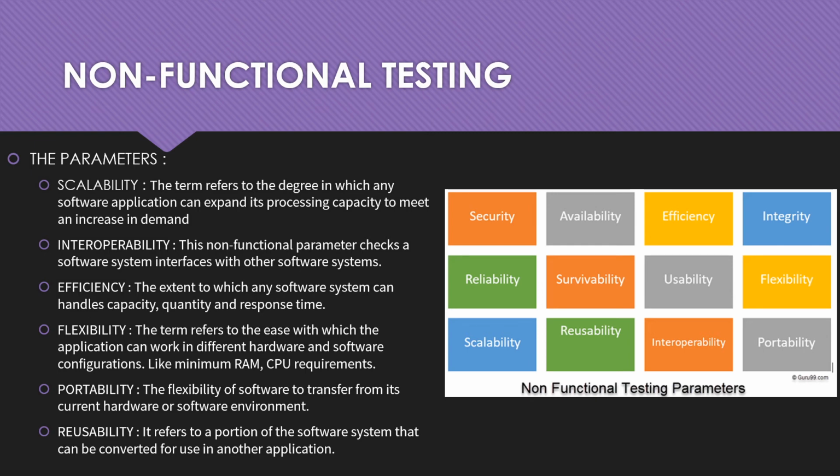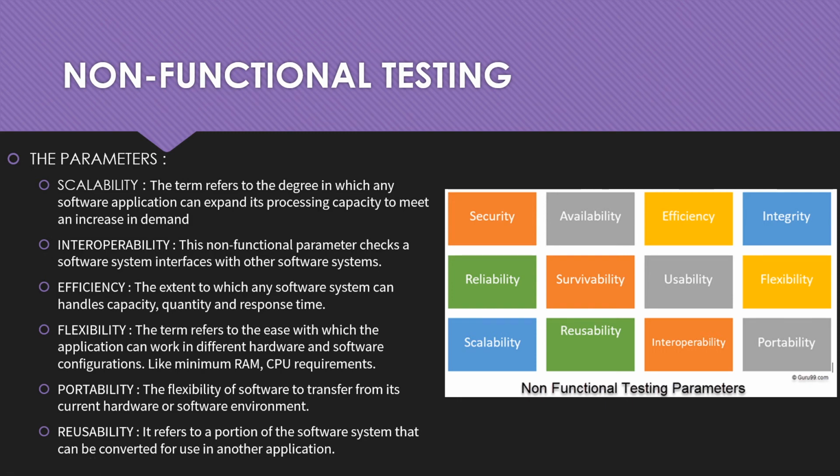And then interoperability. Interoperability checks the software system's interface with other software systems. So it is like comparing one software interface and another, to see which one is better. It can be checked by interoperability testing.